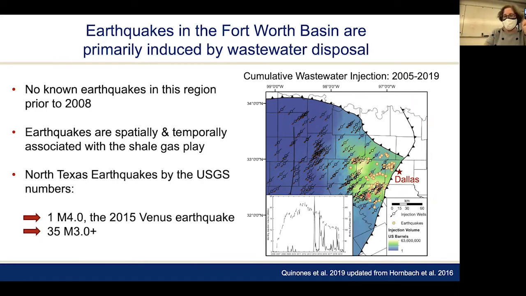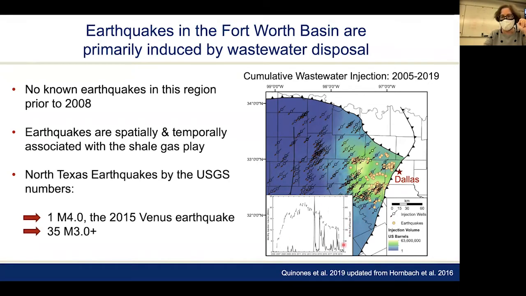This image is just showing cumulative injection volume. It's just a spatially smooth injection volume. That swirly symbol is actually the injection well symbol officially in any GIS system. And then the earthquakes shown here are actually from the USGS and the SMU catalog.